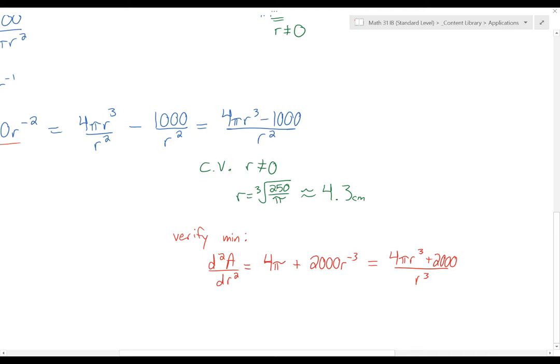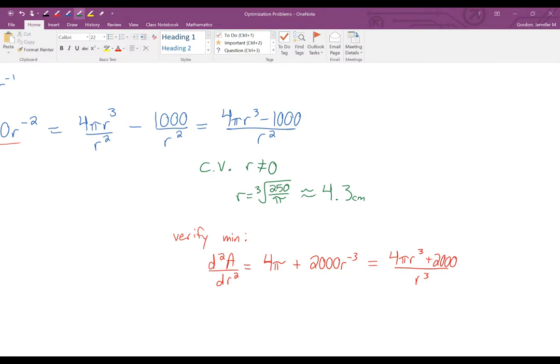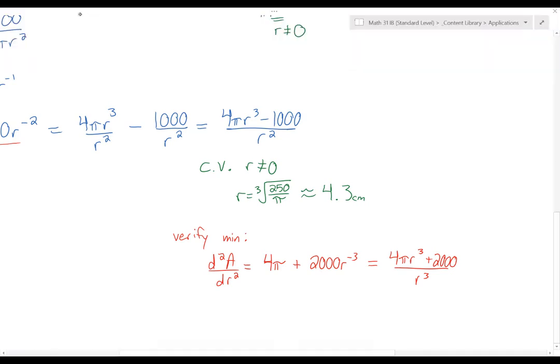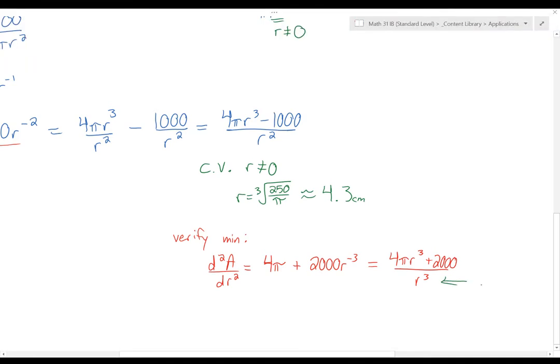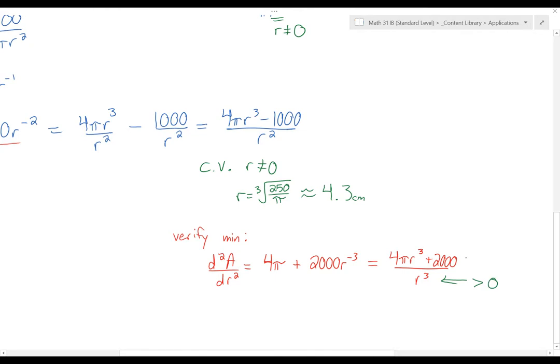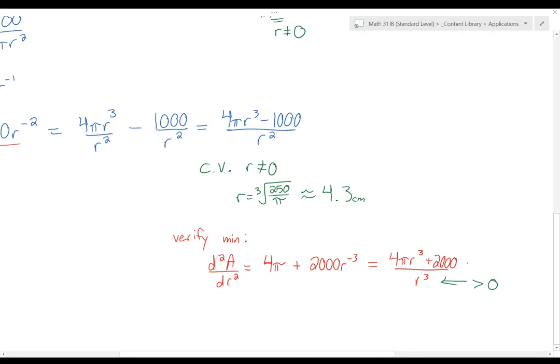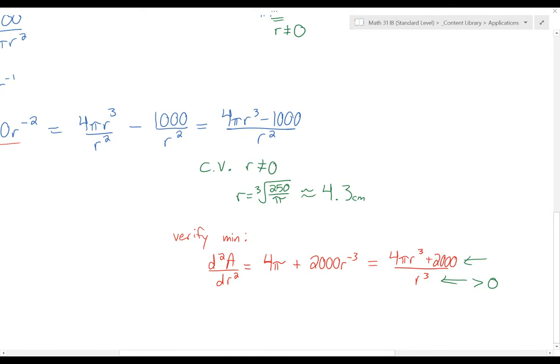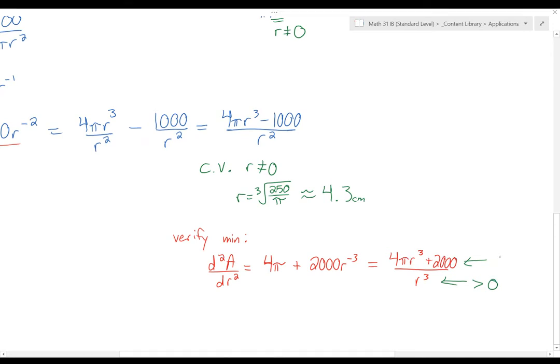So in this case, r cubed, because we're dealing with a radius that has to be positive, is always greater than 0. And the numerator, for the same reason, 4 pi r cubed is always going to be greater than 0. Adding 2,000 is always greater than 0. Therefore, the second derivative is greater than 0.